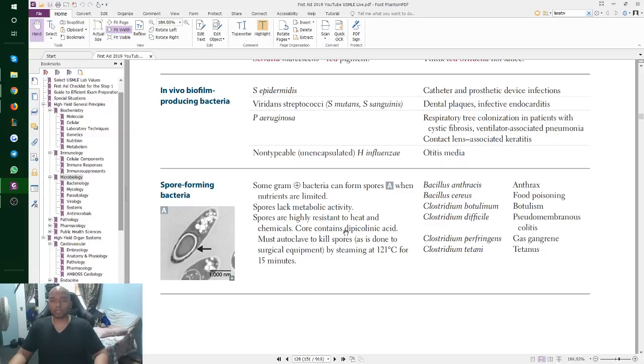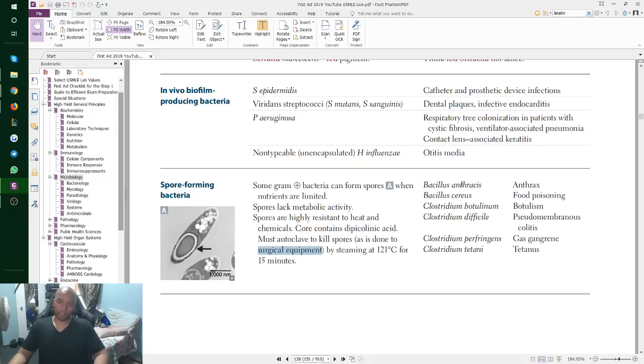The core contains dipicolinic acid, must autoclave to kill spores, right? So autoclaving is a procedure, and it's done to all surgical equipment. Any surgical equipment is regularly autoclaved at a hospital by steaming it at 121 degrees Celsius for 15 minutes. Okay, that'll kill off any spored bugs that are on that surgical equipment.